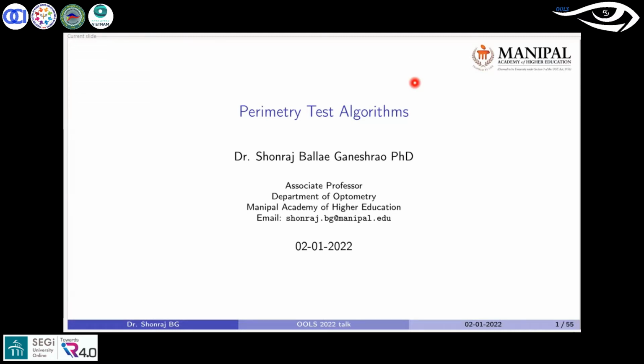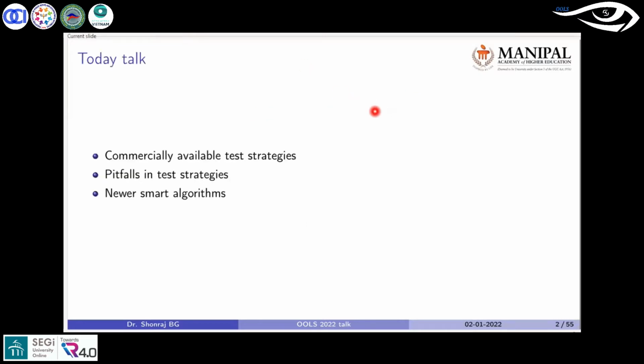Okay, so today I will be talking about the commercially available test algorithms: what the different commercially available test algorithms are, and how they really work. Then we will talk about the pitfalls in these commercially available test algorithms.